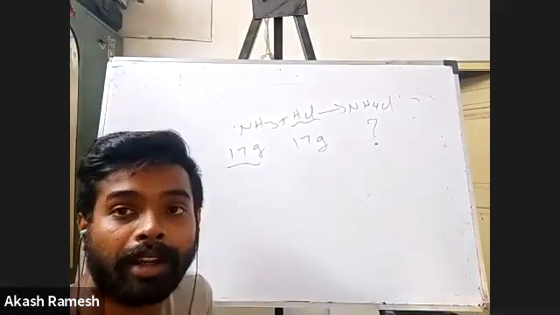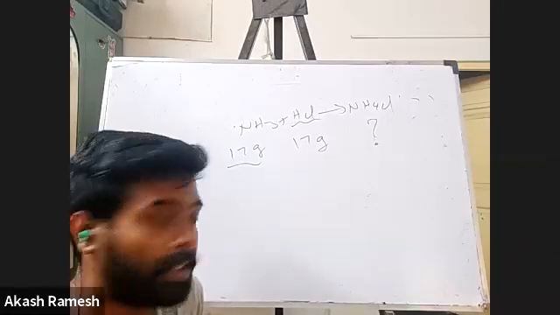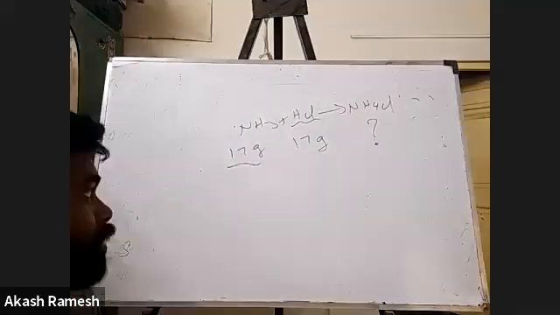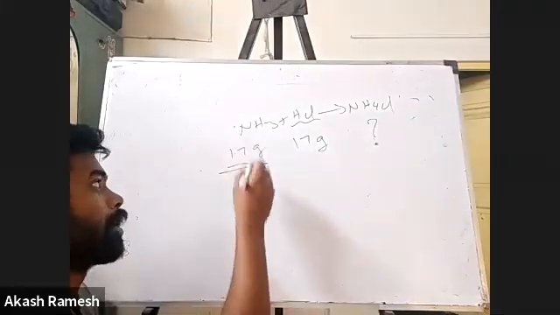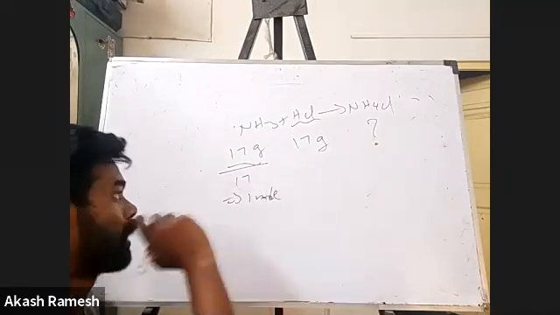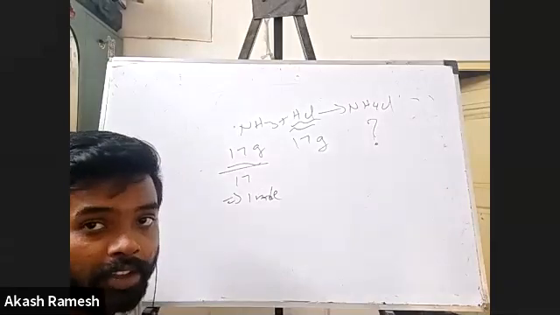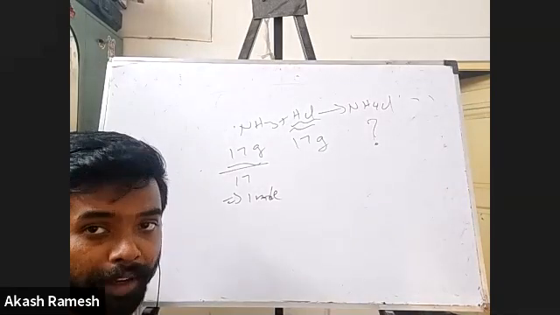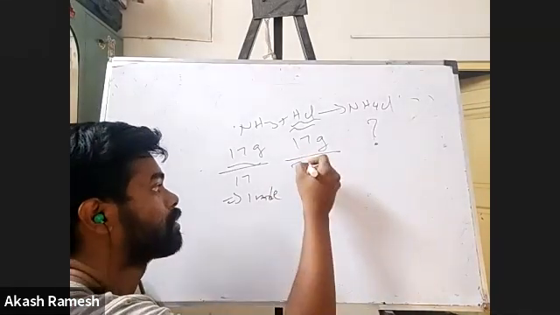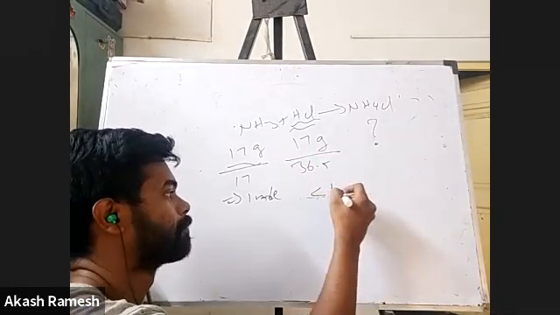First, which is the limiting reagent here? HCl. HCl is the limiting reagent, correct? Right. Fine. So it's pretty simple. If I convert this into number of moles, the molecular mass of ammonia is 17, so here I'm going to get 1 mole. And for HCl, the molecular mass will be 36.5: hydrogen 1, chlorine 35.5. So 17 divided by 36.5 is definitely going to be lesser than 1 mole.